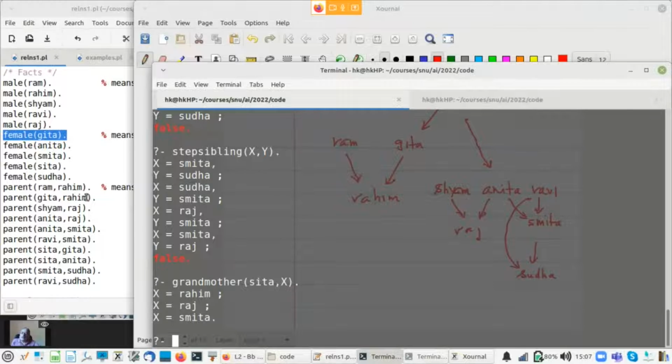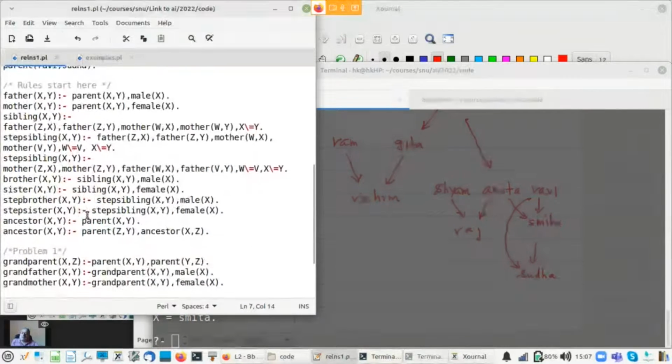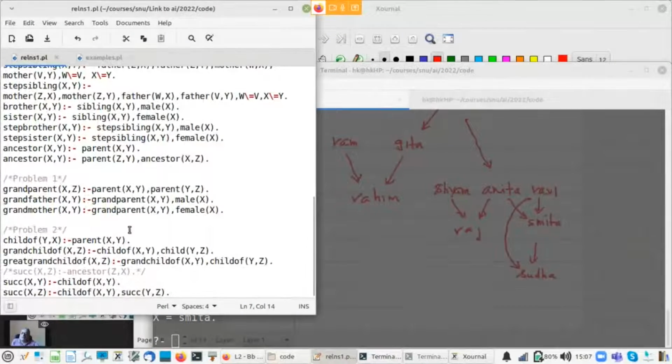Similarly, you can now add things, right? You can add things here. I have added a few. Now notice that you can try to do things differently. You can define, if you want, for example, child of Y X is the same as parent of X Y. You can ask for grandchild of, great grandchild of, and so on and so forth.